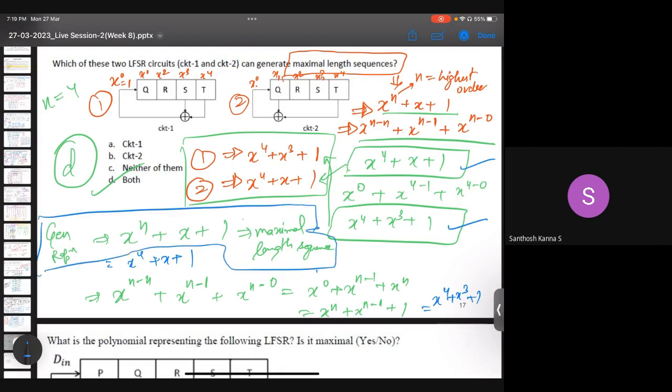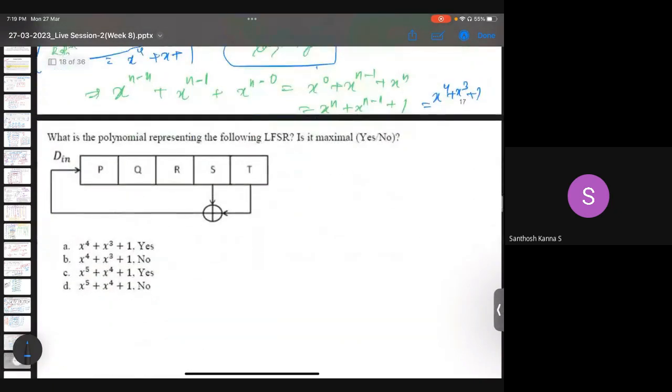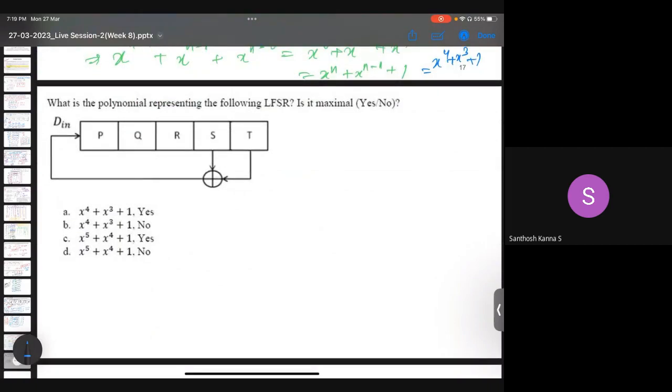So if you are getting a general question, you just need to check this. If you are getting this equation, it will generate the maximum length sequence. Is it fine? Yes, sir. So now you can approach this question. First, you need to write the equation and then tell me if it is maximal or not.